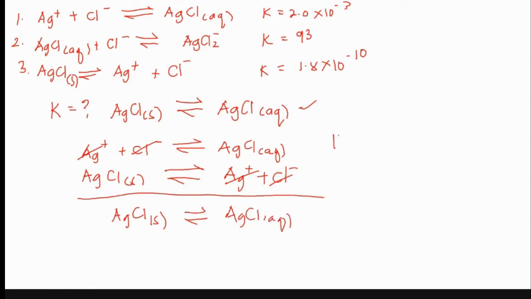Okay, so K nito is 2 times 10 raised to negative 3.